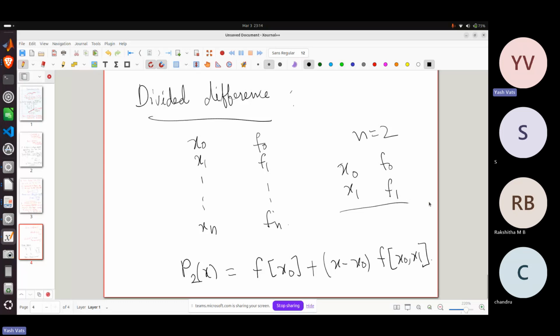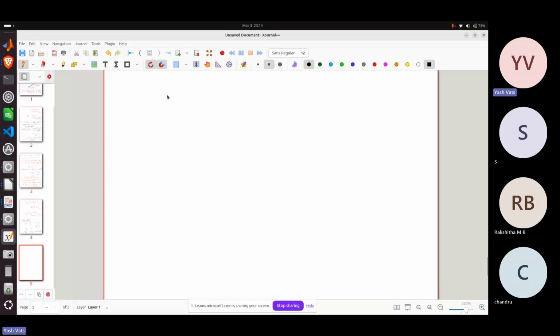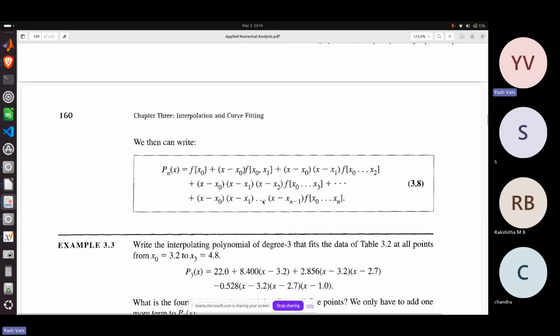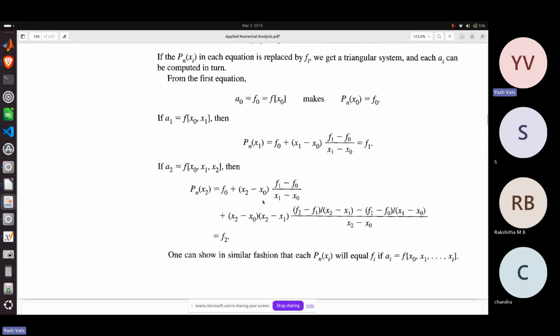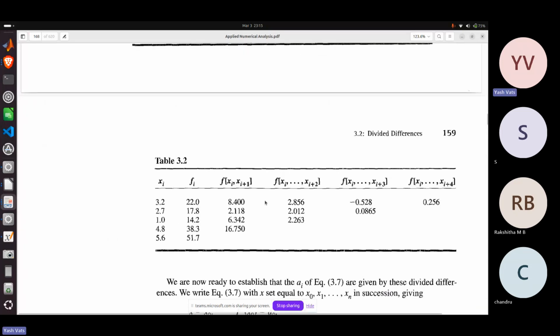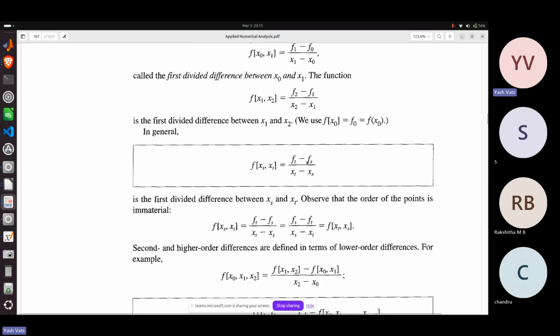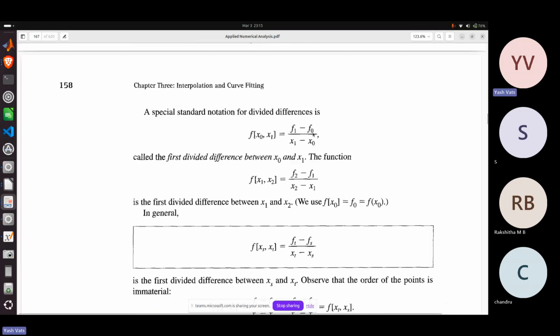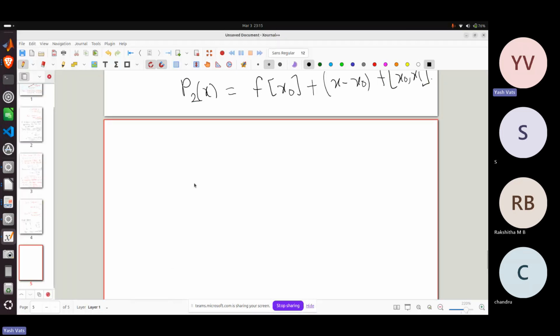Okay, and what does it mean in this case? That I will show. If you look at this definition, then f[x0, x1] is basically f1 minus f0 divided by x1 minus x0.